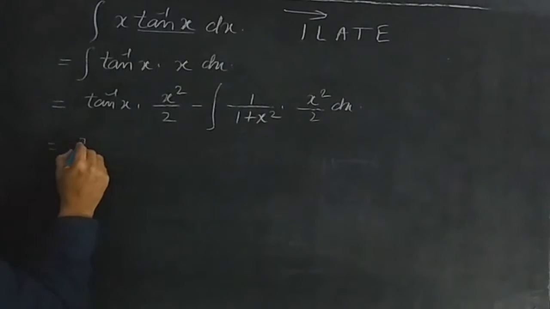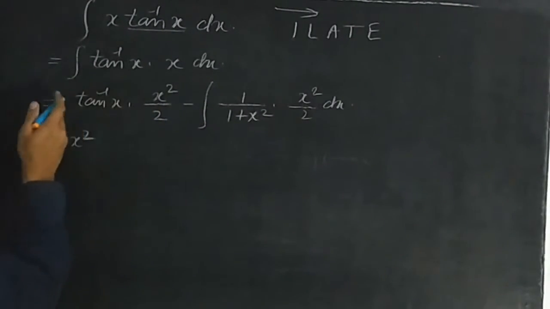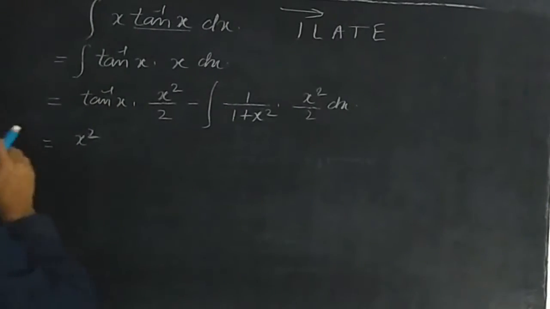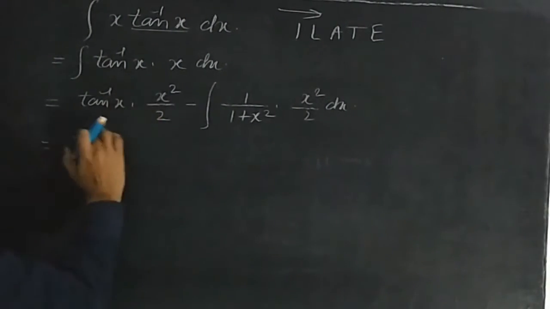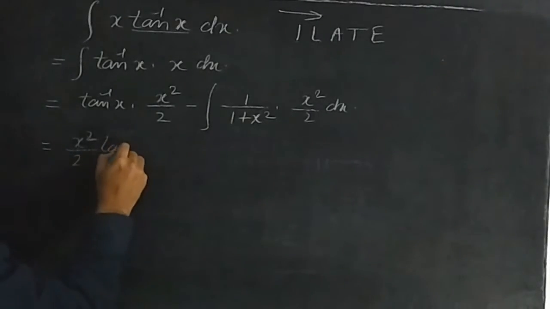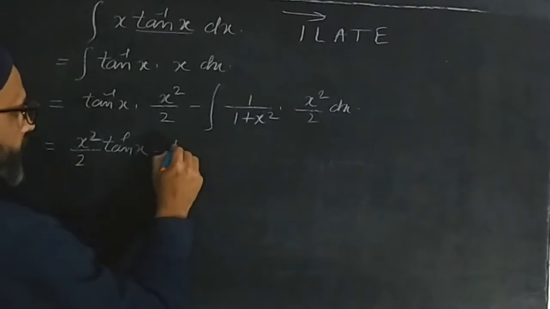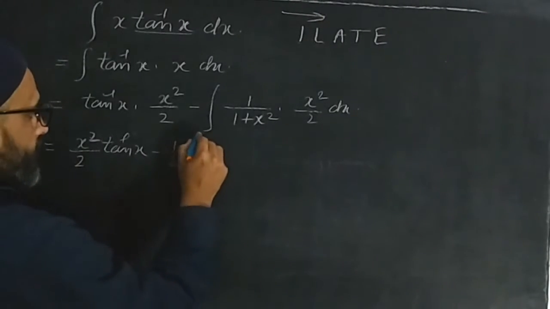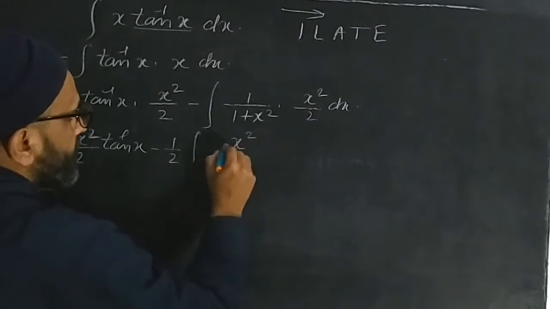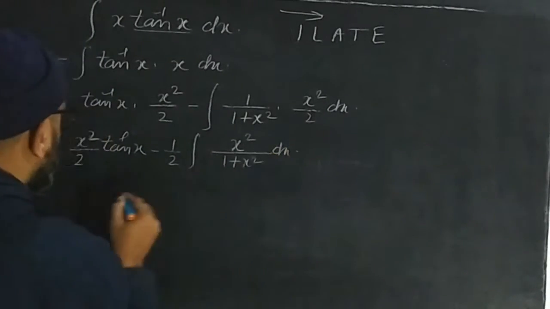So now we may write x square upon 2 before tan inverse x because we don't have to integrate this part now. So x square upon 2 tan inverse x. Now this half should be taken out because it is a constant coefficient, and we have in the numerator x square and in the denominator 1 plus x square dx.